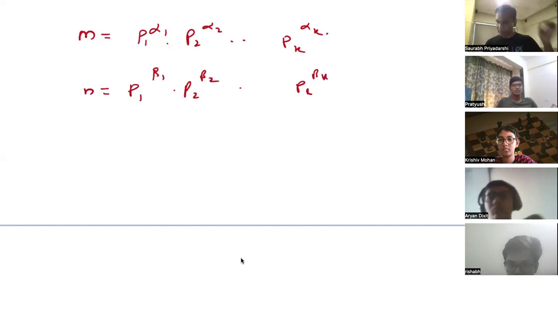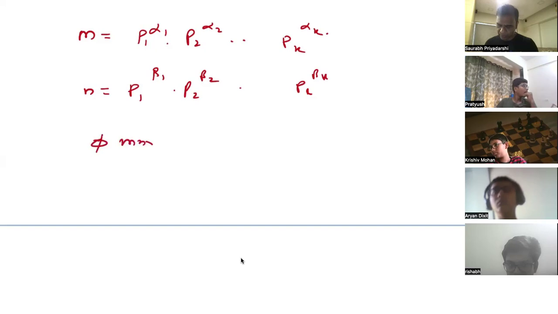We don't require both numbers to have the same factors, maybe they can differ, right? So the question is given in the form of phi m.